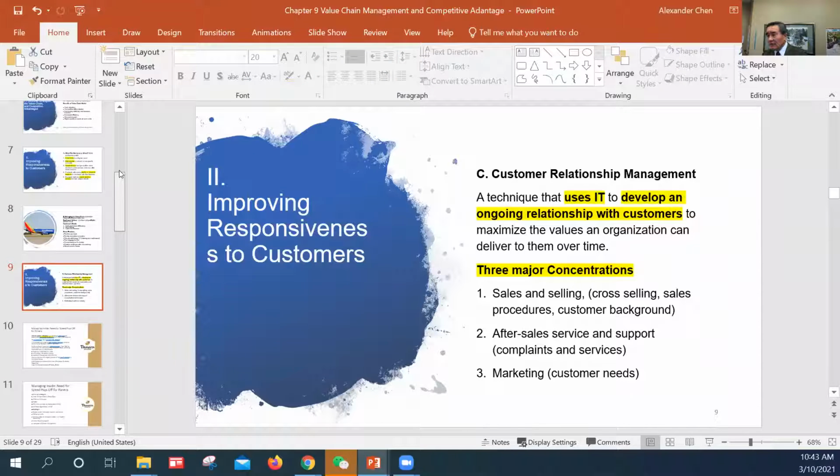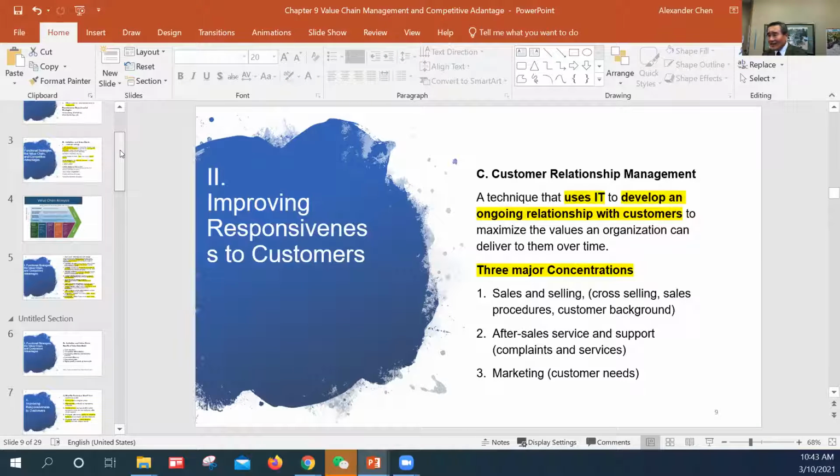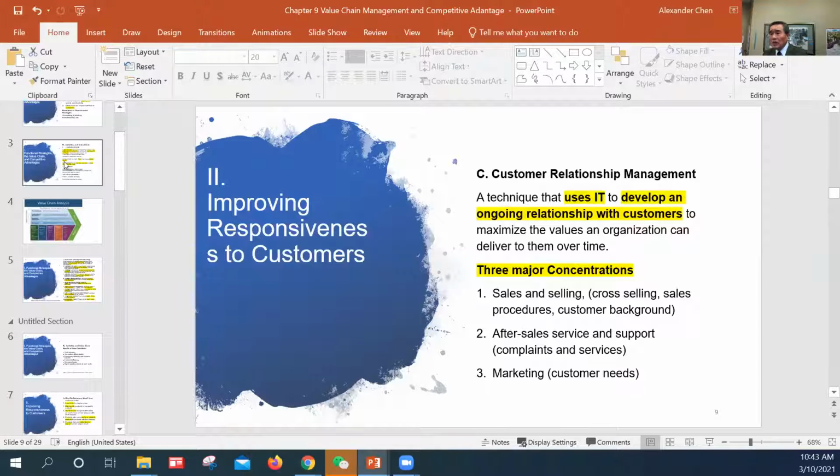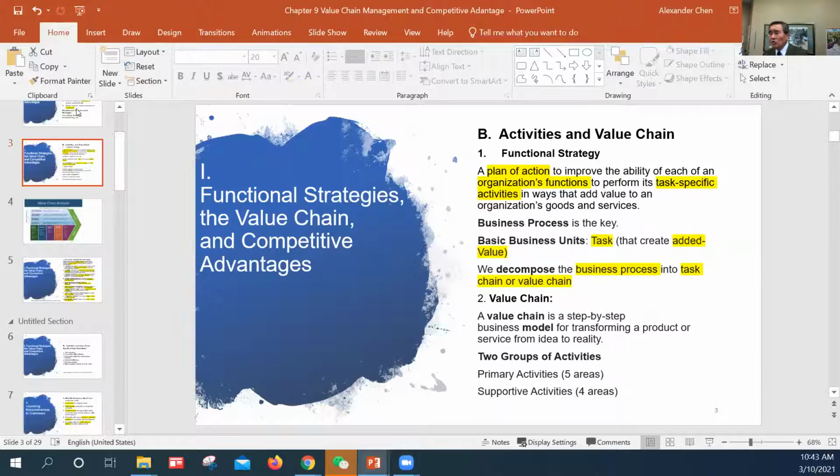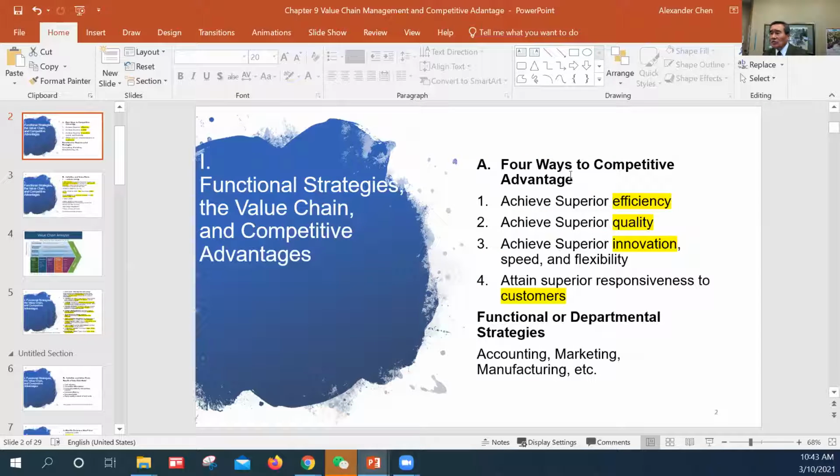Since last session I stopped here, so I'll just use 2 or 3 minutes to do a quick review. We want to do the functional area, and for functional area strategy, we have to use this approach called value chain to enhance these 4 competitive advantages.